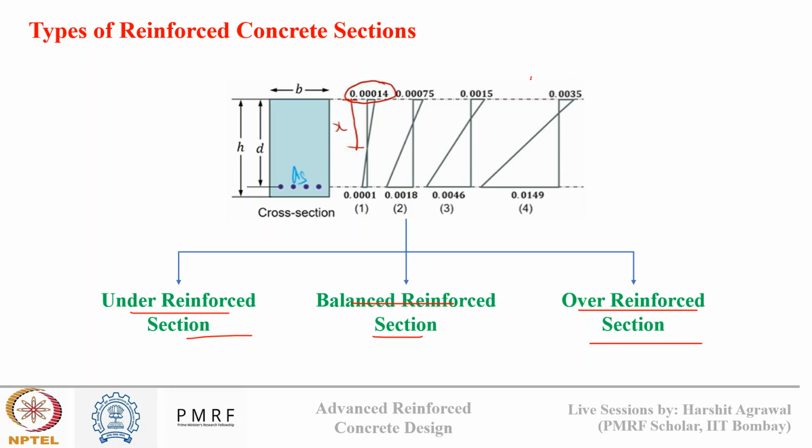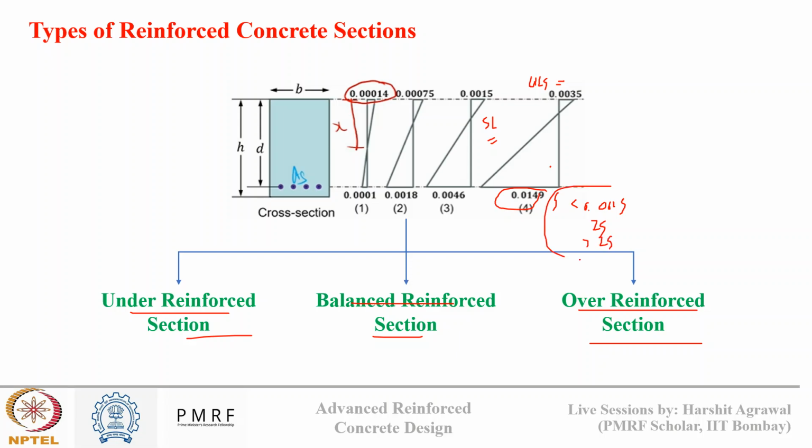We know that the ultimate strain taken by concrete is 0.0035. Now at this ultimate strain value, assuming that strain linearity is present, the strain in the steel reinforcement can be lower than 0.0025, equal to 0.0025, or more than 0.0025.